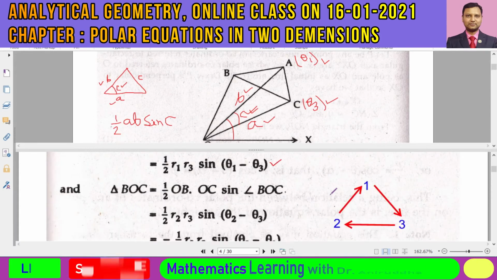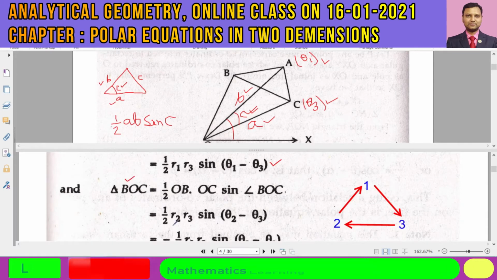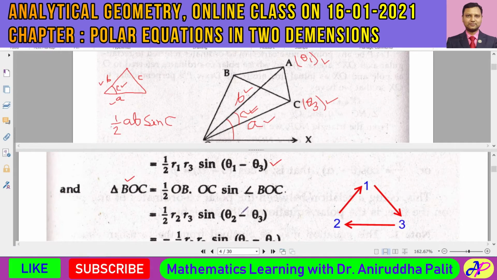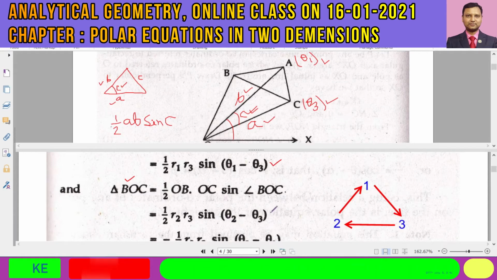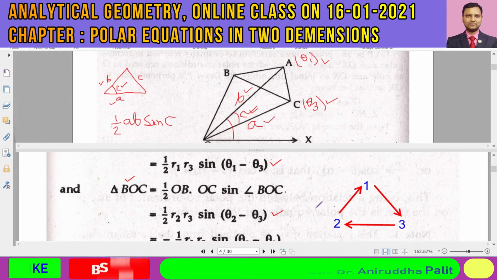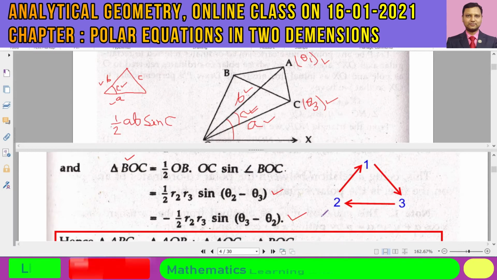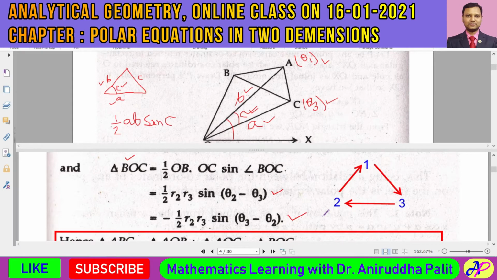Similarly we can find the area of the triangle BOC. That would be half of R2 R3 sine of theta 2 minus theta 3, which can be written as negative of half R2 R3 sine of theta 3 minus theta 2. Now we have the area of these three triangles.